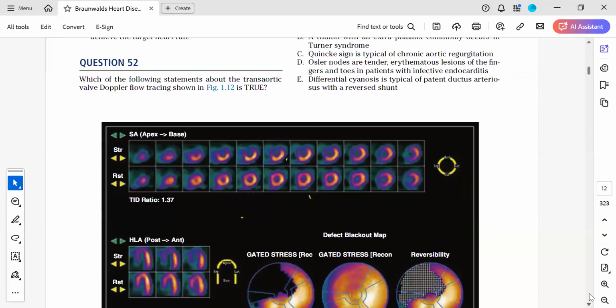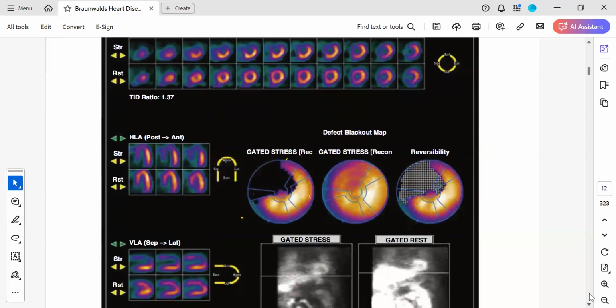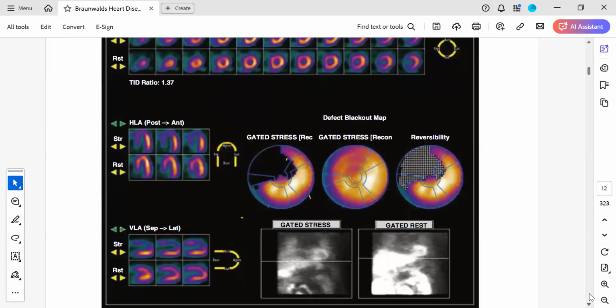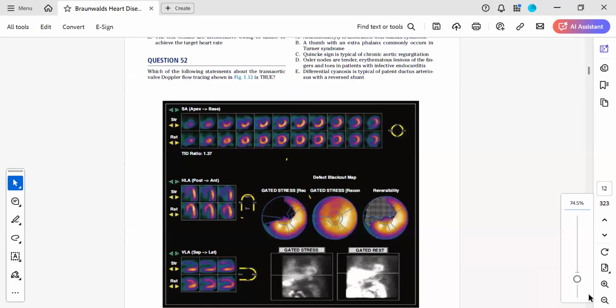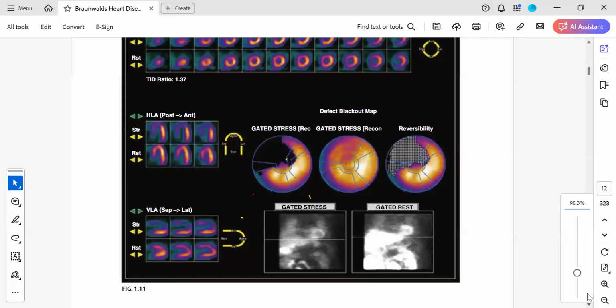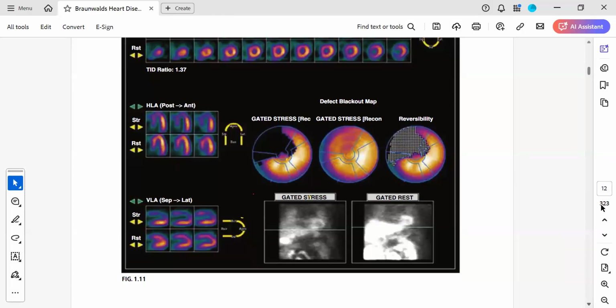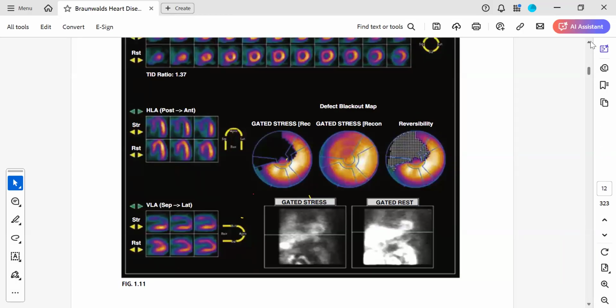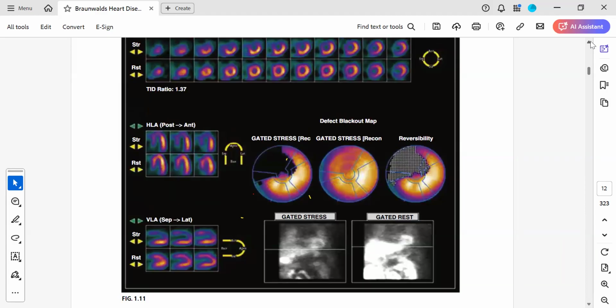Okay. The image. Eugene, I don't think this is the picture for this one. Sorry, you showed it earlier. MRI.